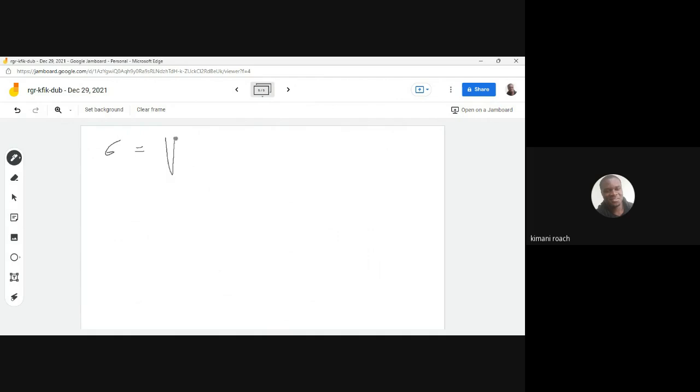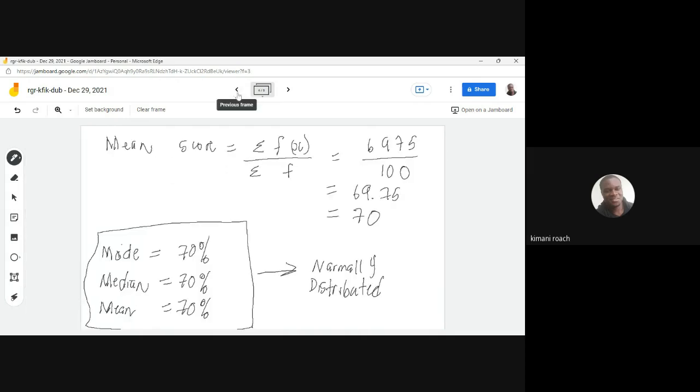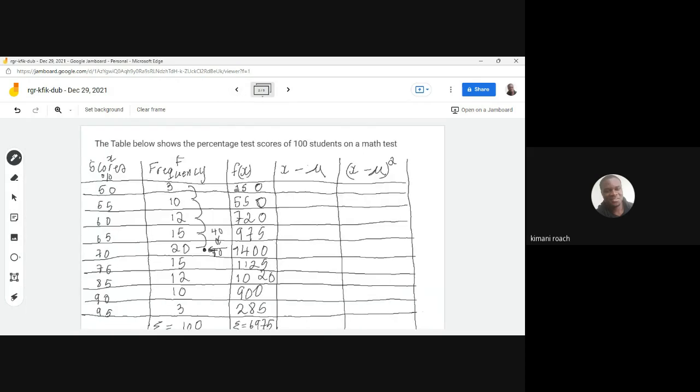And our standard deviation, just by way of reminder, is the square root of the sum of my midpoint value subtract my mean value squared, divided by my total frequency. And I'm going to call that n. Now, let us see if we can calculate our standard deviation.